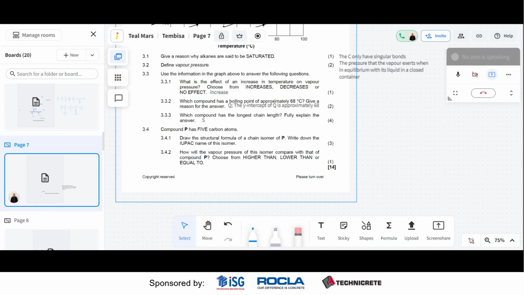Again, in this case, we'd have two options as to what we could do. A chain isomer is obviously where you branch, so they have different branches compared to the original chain, but they will still carry the same homologous series name.